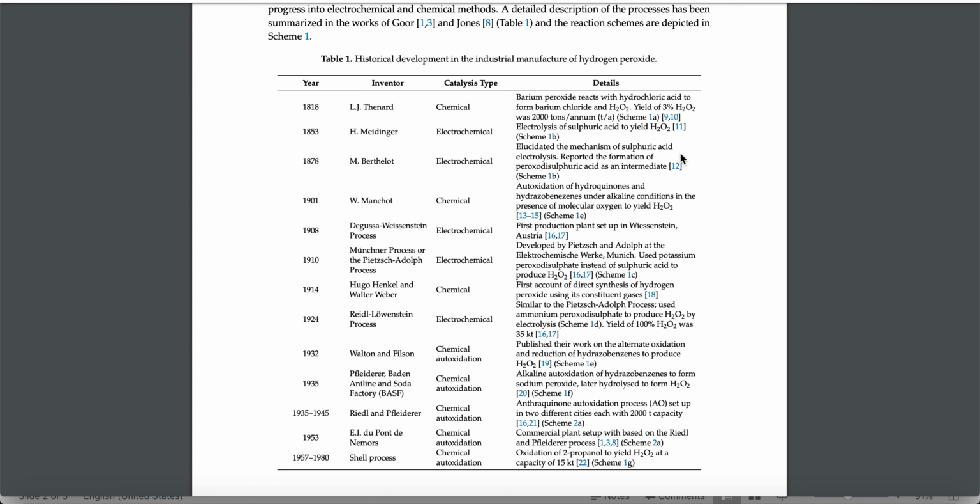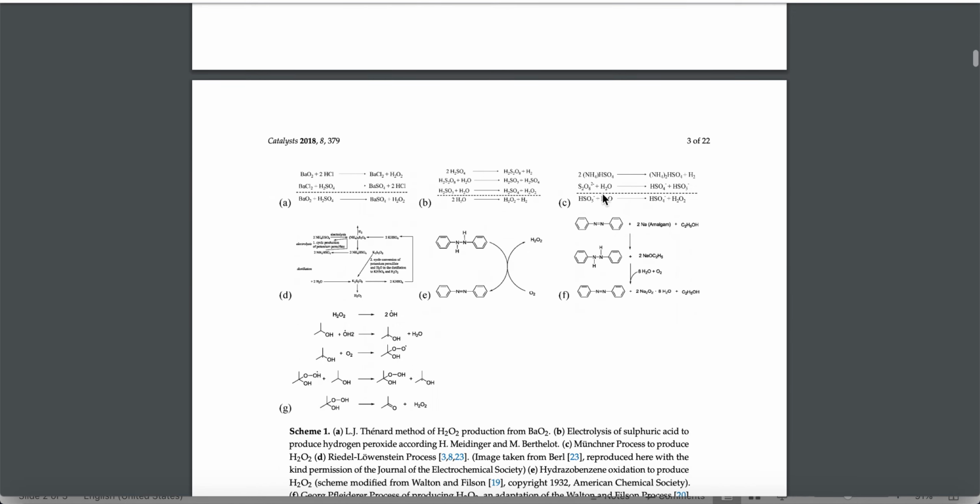The one that caught my attention was an electrochemical reaction: electrolysis of sulfuric acid to yield H2O2. But if you look here, this is where they're describing this.